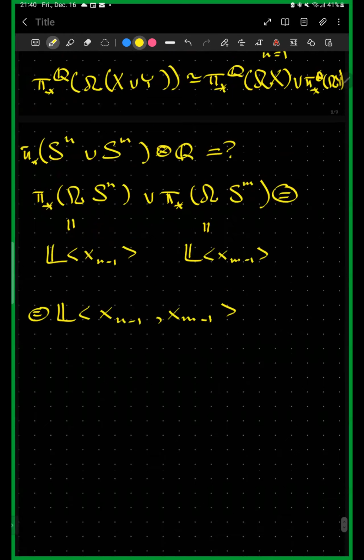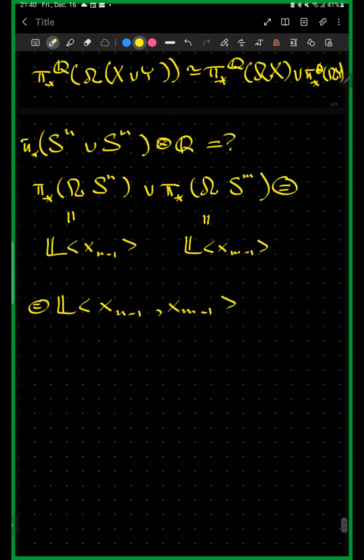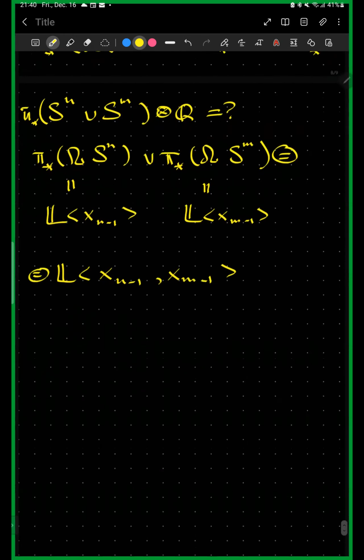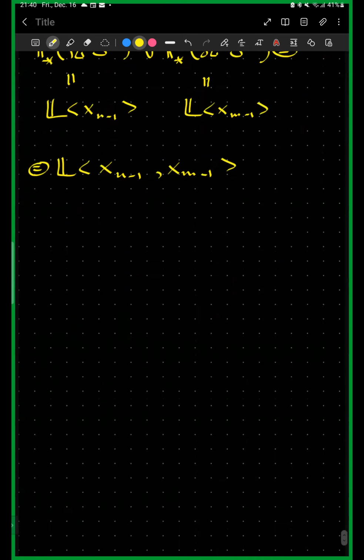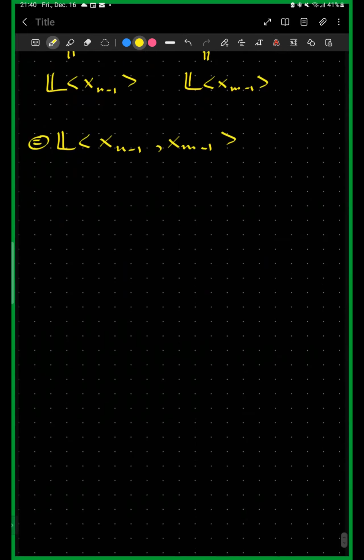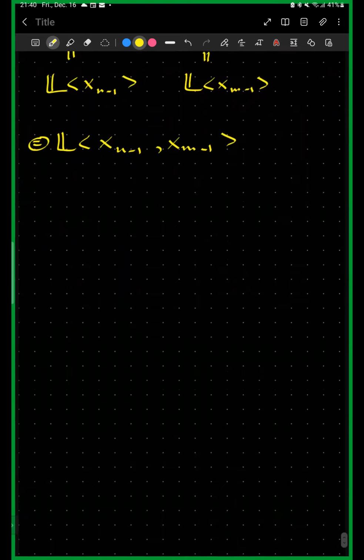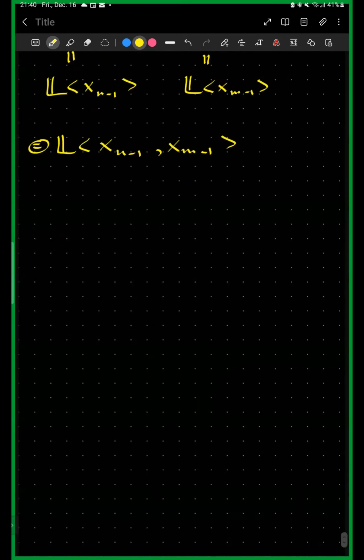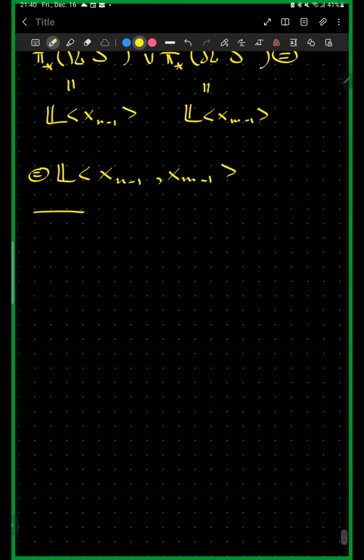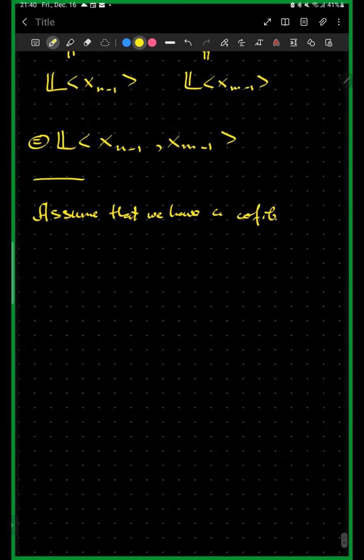And this result is a particular case of the following more general spectral sequence, which can be deduced for homotopy groups of a cofibration. Assume that we have a cofibration.